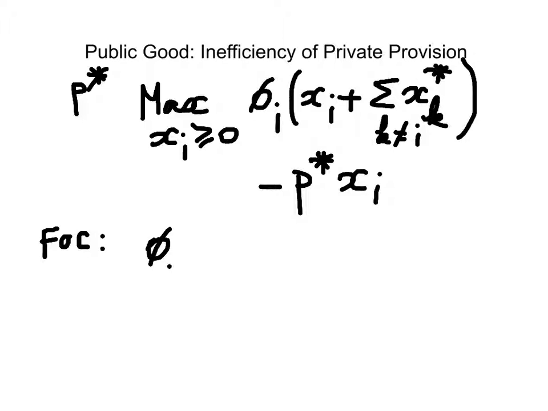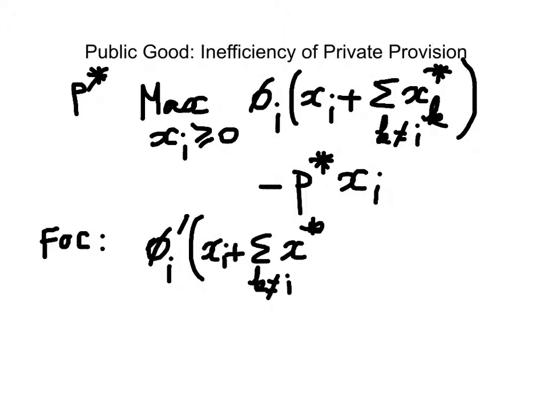So we get phi prime of I. Again, taking everything inside here, the sum of everything being purchased, less P star, and that must be equal to 0 if we're looking at an interior solution where xi must be strictly positive.